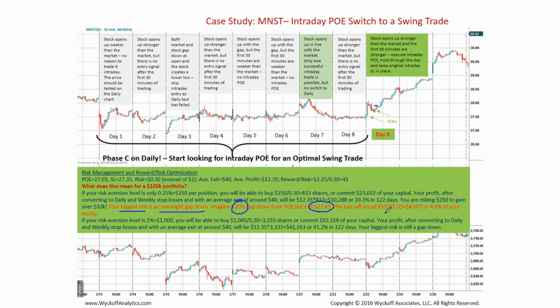So the loss on the same amount of shares that we've acquired during the intraday trade is going to be 4,600, or 4.5% of your equity.